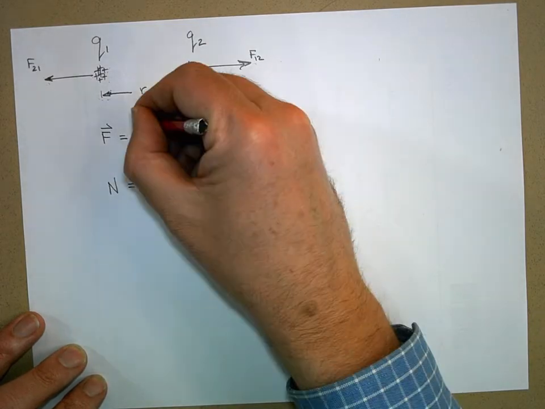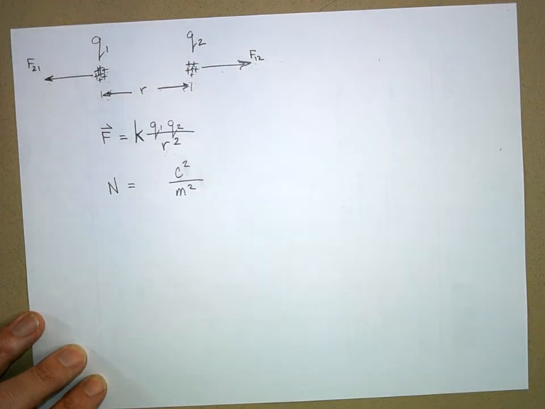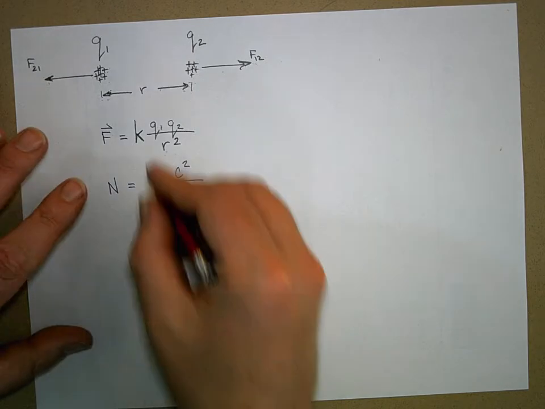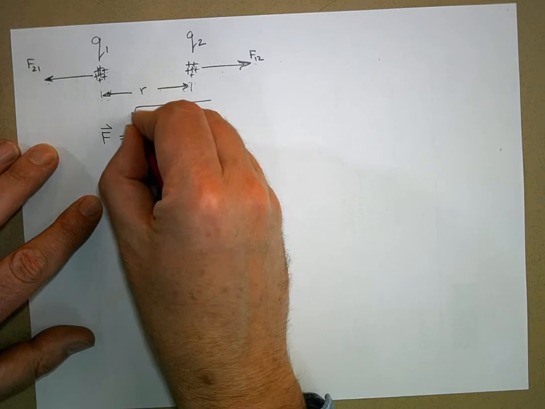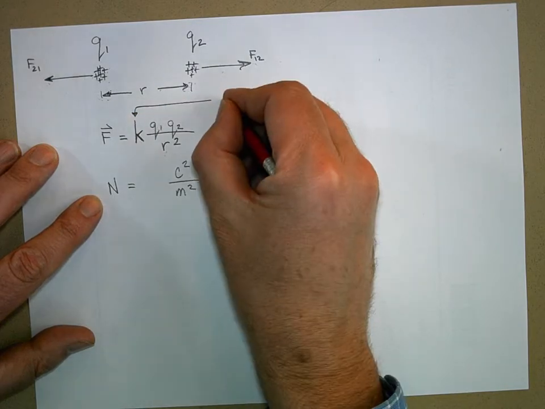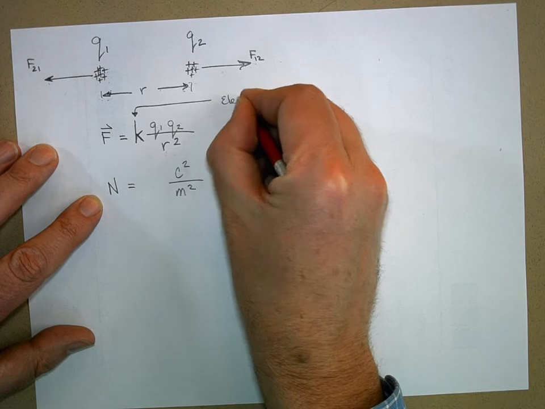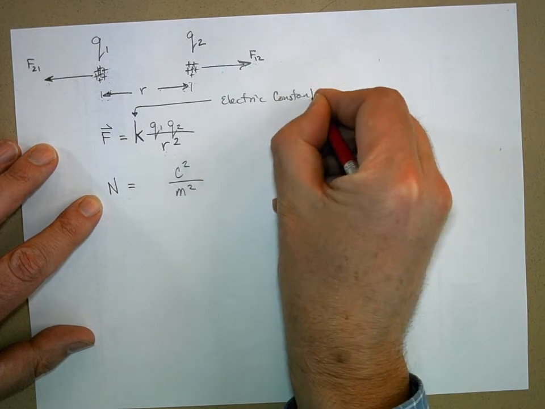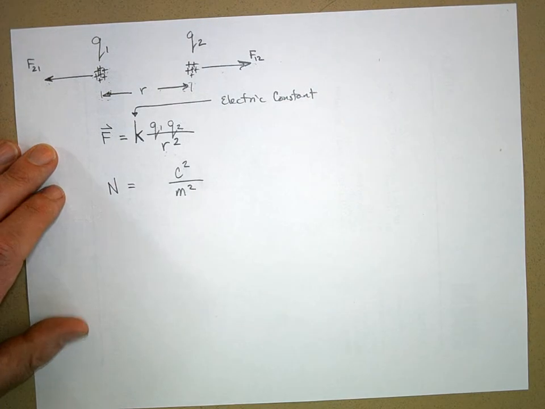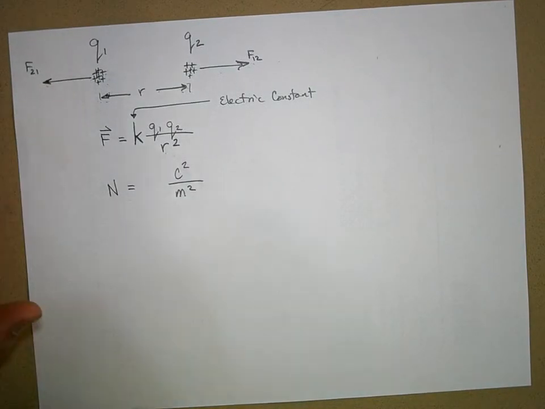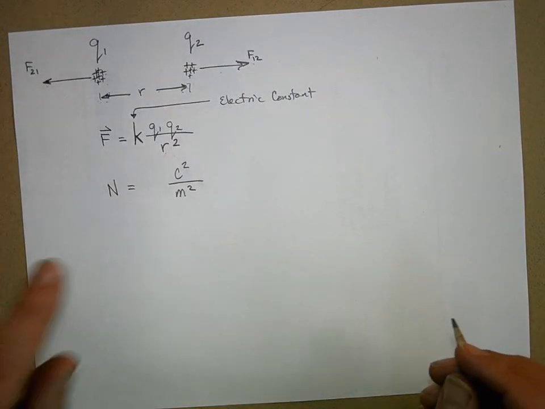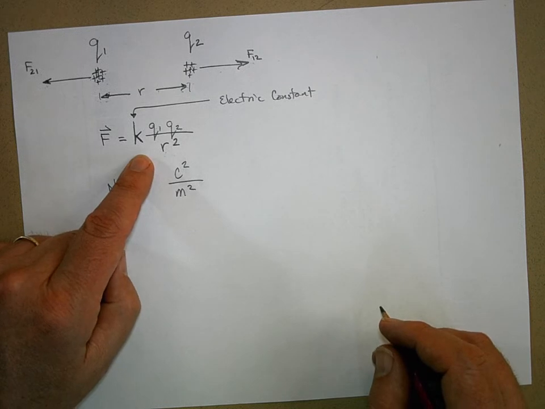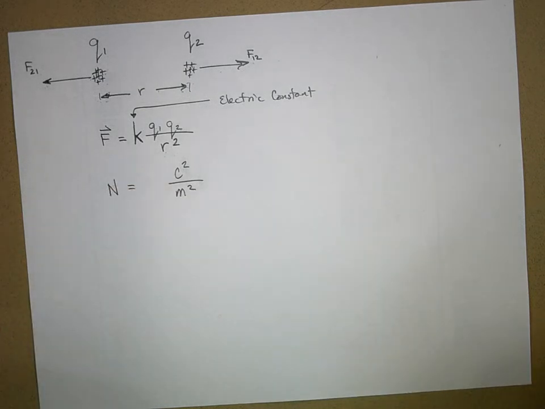And we use a lowercase k right out in front there. This is called the electric constant. Now Coulomb did the experiment and he solved for k. It's pretty easy to figure out what k is if you have the right equipment.